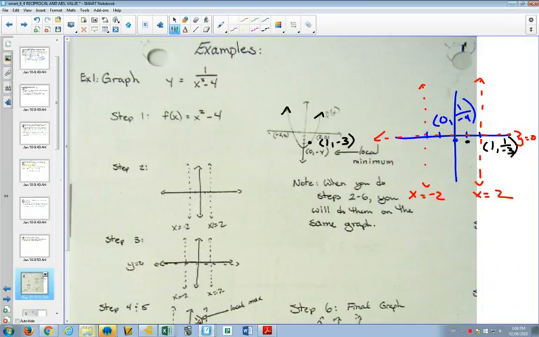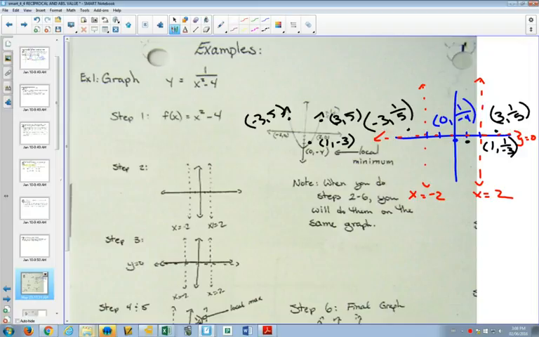What's another point that you know? What happens when you plug in 3? Do you see that you'd have 3, comma 5? And same thing over here, you'd have negative 3, comma 5. So where's that point going to be? 3, comma 1 over 5 and negative 3, comma 1 over 5.